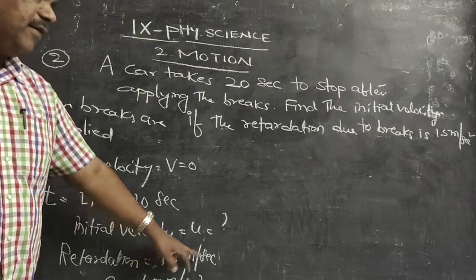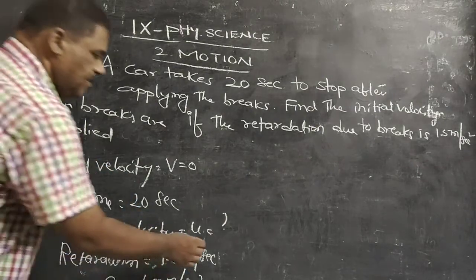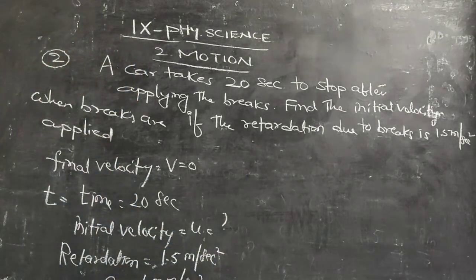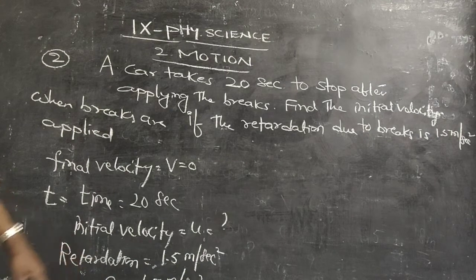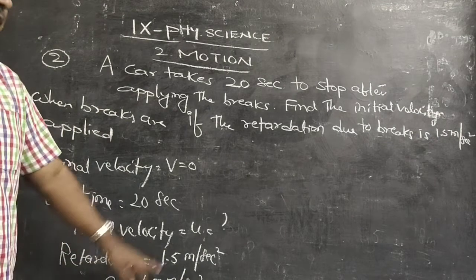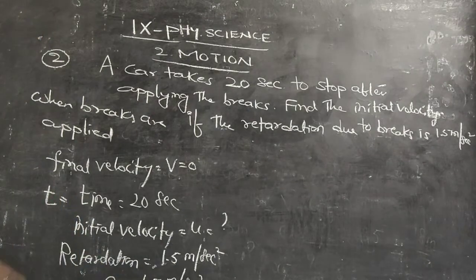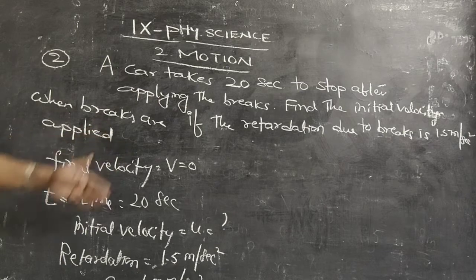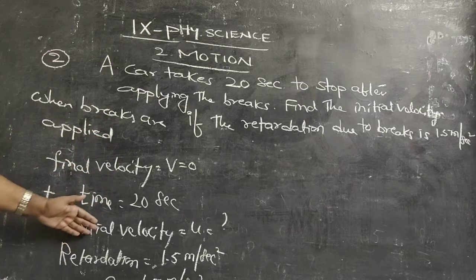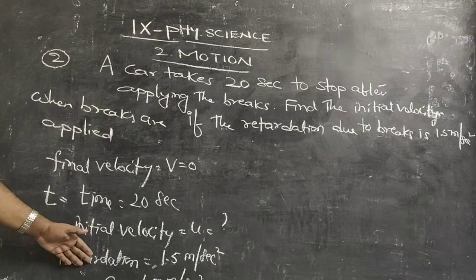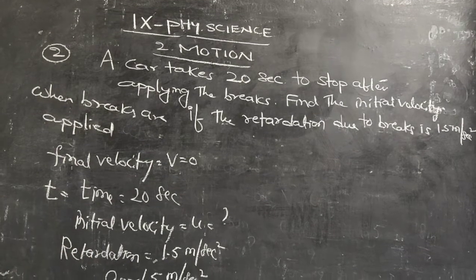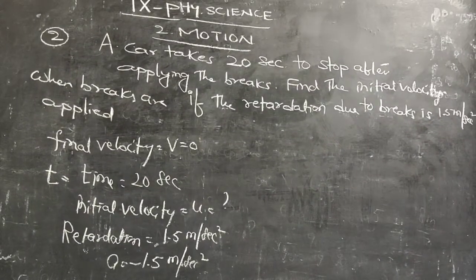Retardation is 1.5 meters per second square. So let us take the equation which involves these. v is 0, t is 20, initial velocity we have to find, and acceleration is minus 1.5. So which equation we have to take?